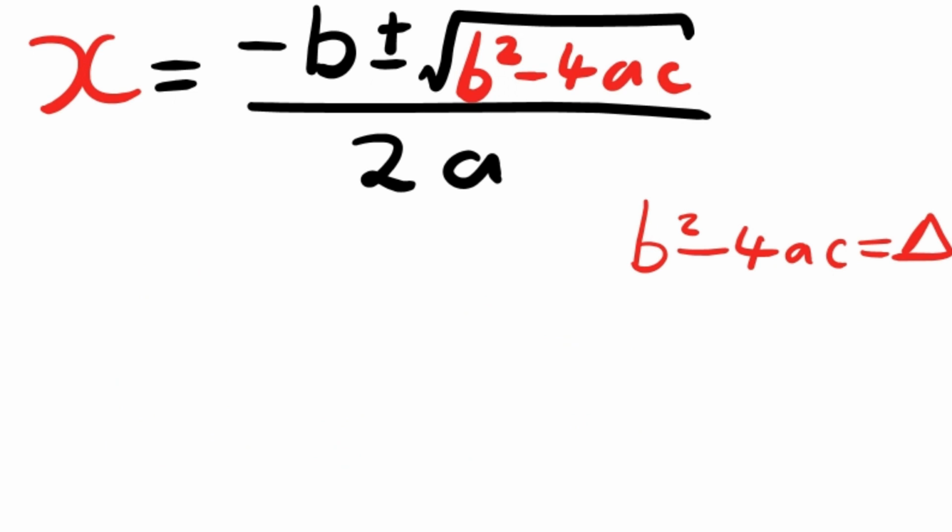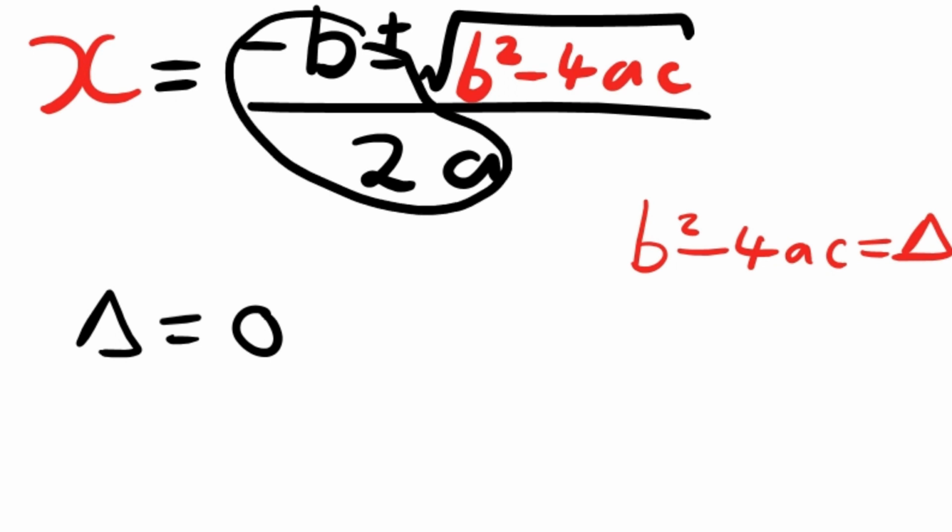Now let's look at when delta is equal to 0. If delta equals 0, our solution is based only on minus b over 2a. The plus minus the square root is just plus minus 0, so we ignore it. It falls away if b squared minus 4ac is 0. This means our solutions will be equal.